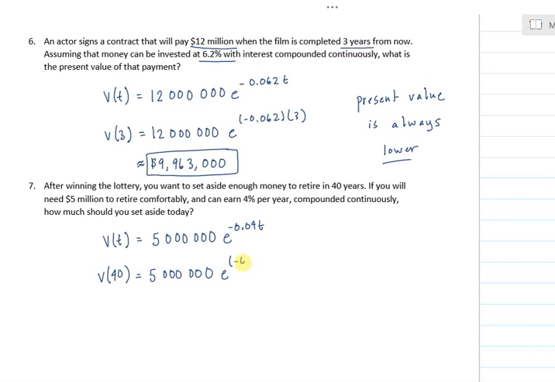E to the negative 0.04 times 40. So we have, I get about $1 million, so I have $1,009,000 approximately. I kind of rounded off in the middle of the number. There's some digits down there, but that's ridiculously precise.